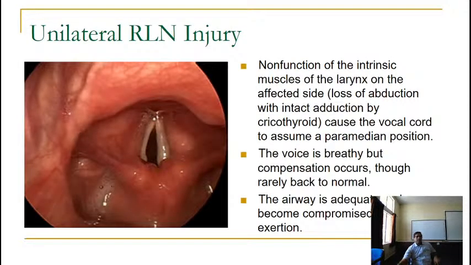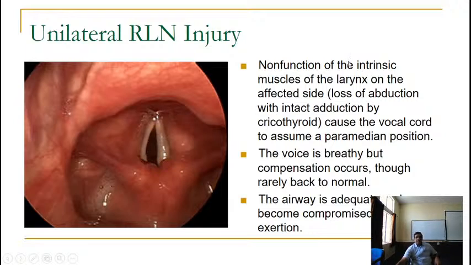So usually when the recurrent laryngeal nerve is damaged, all the intrinsic muscles are supplied by the recurrent laryngeal nerve, except the cricothyroid muscle. Cricothyroid muscle, as we said, is the tensor of the vocal cord. At the same time, mild adduction.